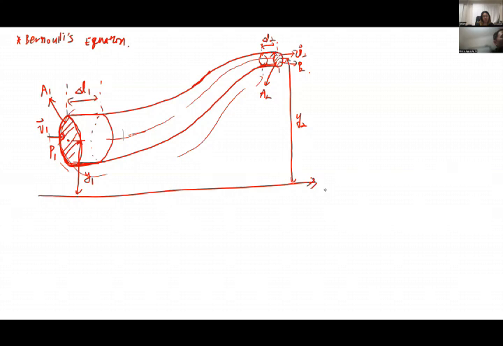Now let's take a look at the potential energy change over this distance.